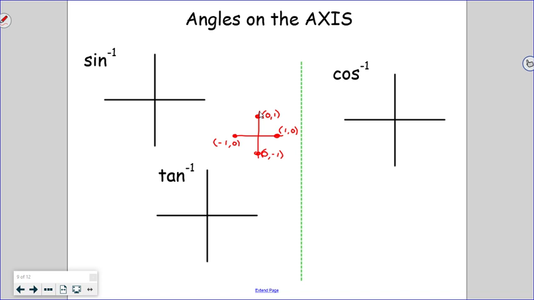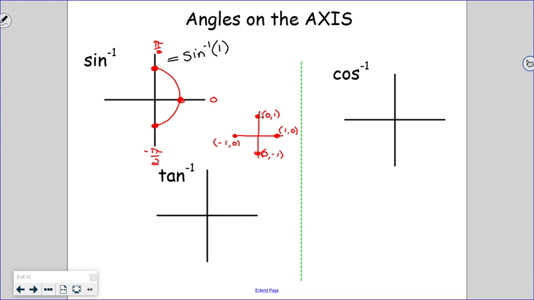Sine is defined in quadrants 1 and 4. It hits 3 different axes. It hits up here at pi over 2, at 0, and at negative pi over 2. Well, at pi over 2, sine has a value of 1, which means pi over 2 would have been the answer if the question was, what is the inverse sine of 1? Where does sine have a value of 1?